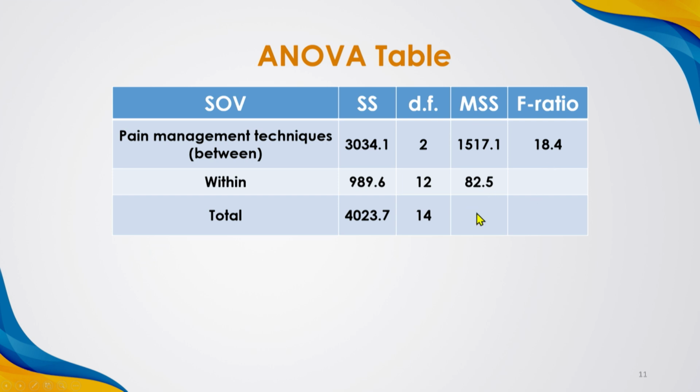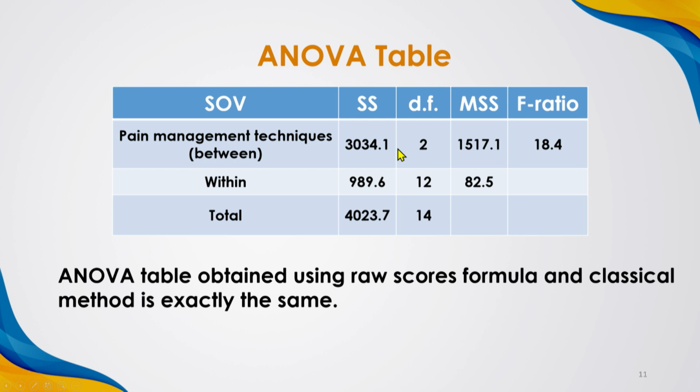So, this is what the raw-score computation is, based on a much simpler mathematical formula. The ANOVA table we have obtained using the raw-score formula and the classical method is exactly the same.